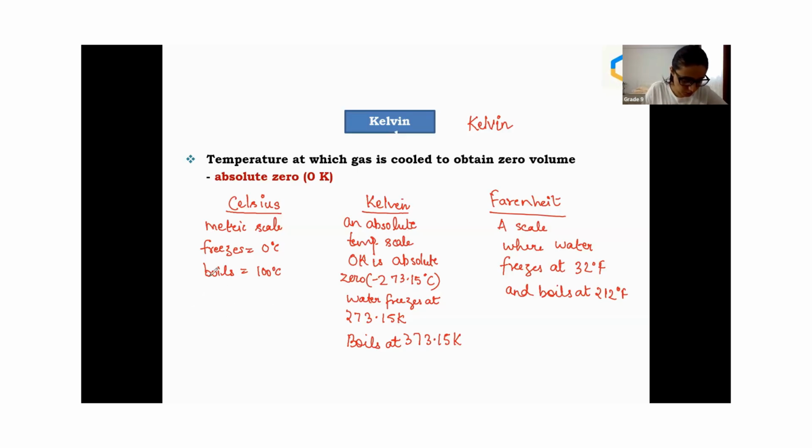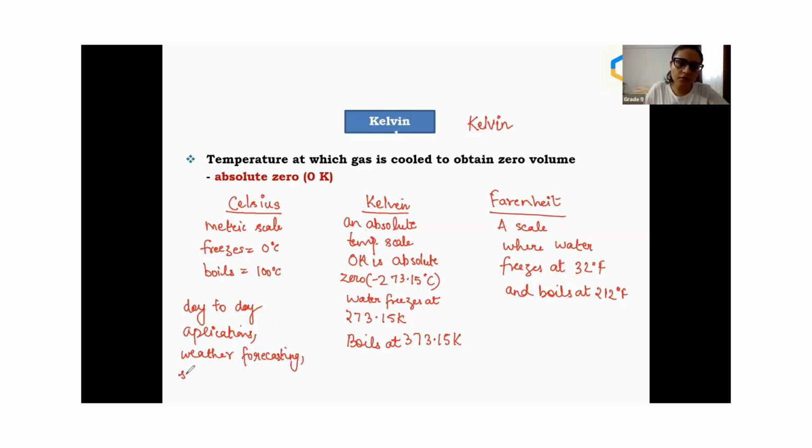So in the Celsius scale, you can write in day-to-day applications you can use it. Even in weather forecasting, it can be used. Various meteorologists use this scale to forecast the weather.